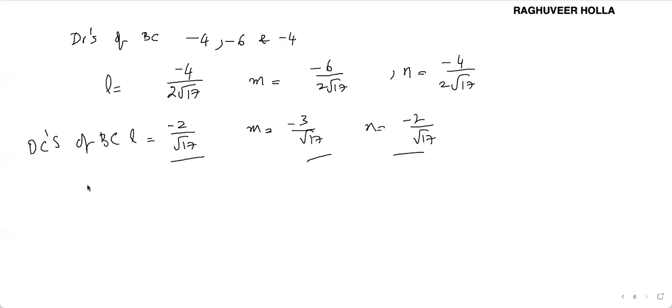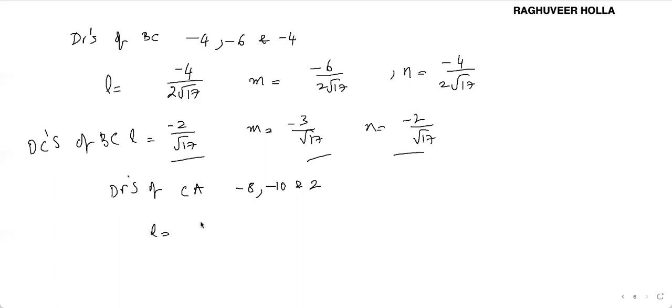Now the direction ratios of CA will be minus 8, minus 10, and 2.